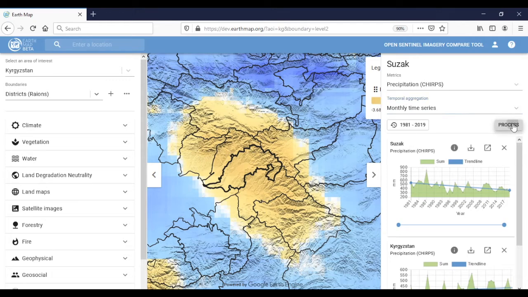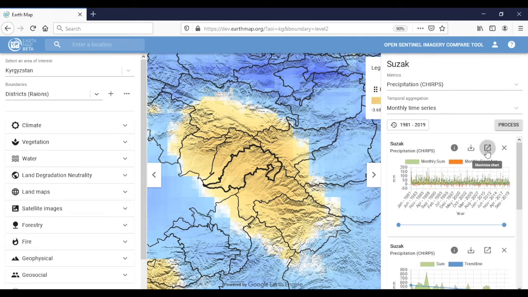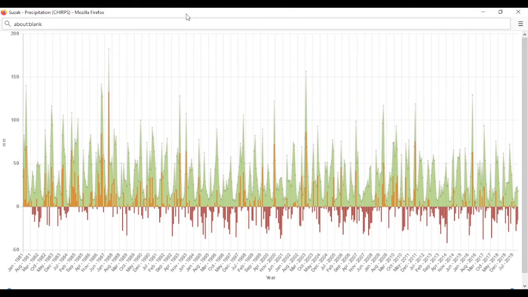So if we process the script again, and maximize its chart again, which is representing the monthly precipitation sums, so to say. From the graph, we can observe that these red and orange lines are the deviations.